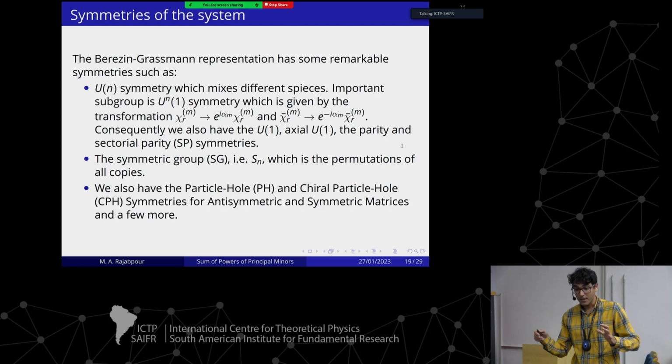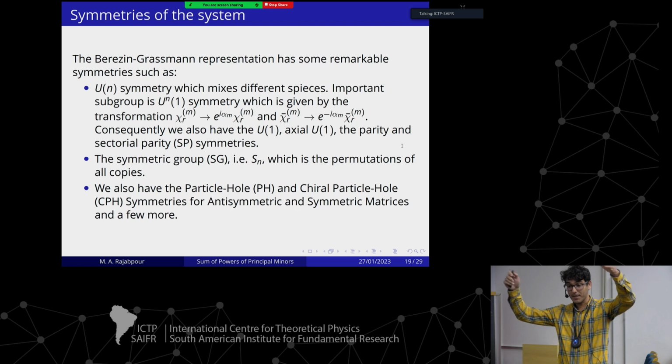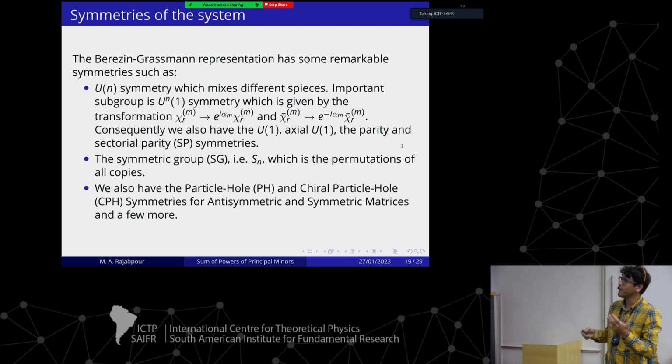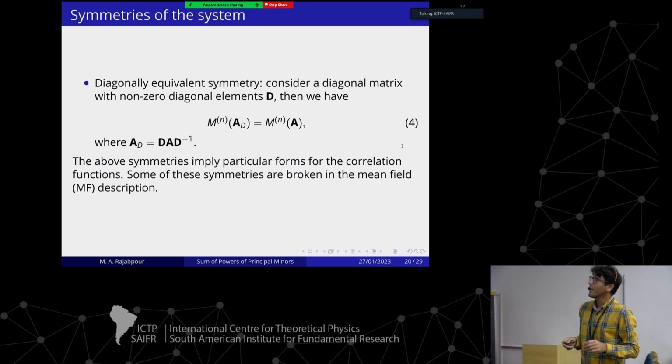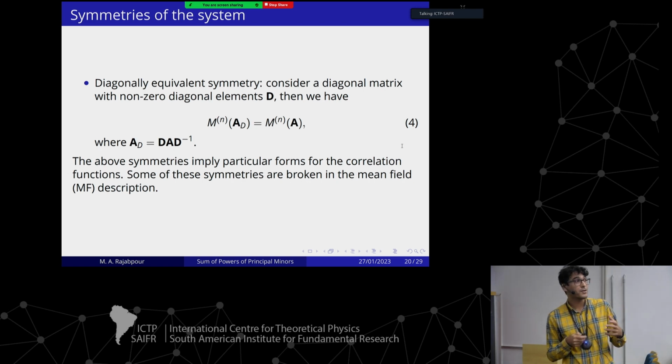For the general ones, we have a lot of symmetries, but for symmetric and anti-symmetric matrices, we have even further symmetries. Another symmetry is that this sum is the same for matrix A and any matrix AD, which is made out of a diagonal matrix D, like this. So this is also one of the symmetries of the system. There are a lot of symmetries here, and you will see why I talk about this, because I'm just spoiled with the theoretical physics way of thinking about the stuff.